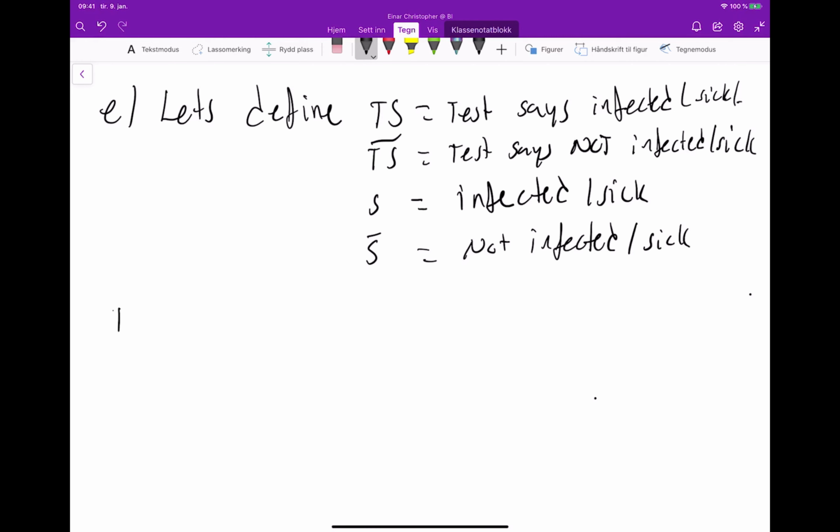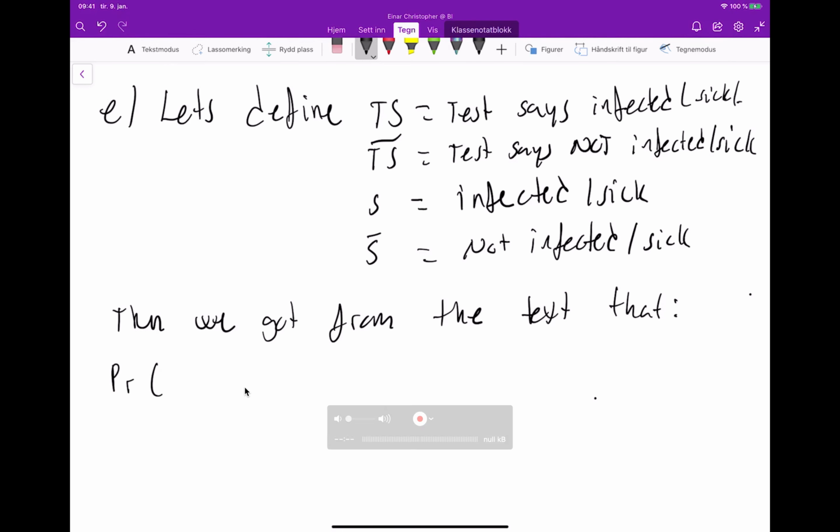So then we got from the text that the probability of test says infected given that you are infected, that's 0.95.